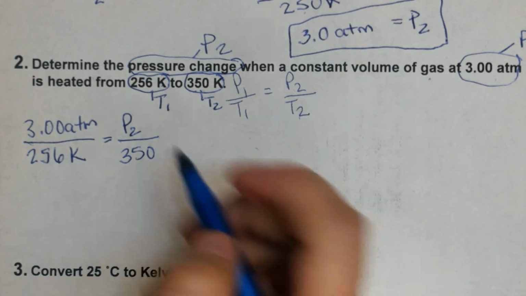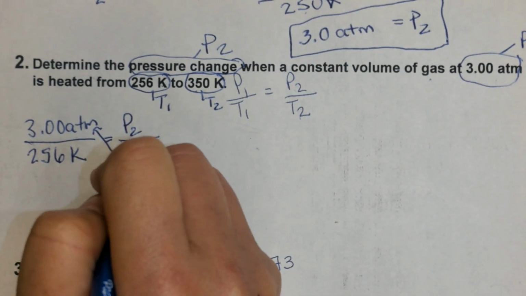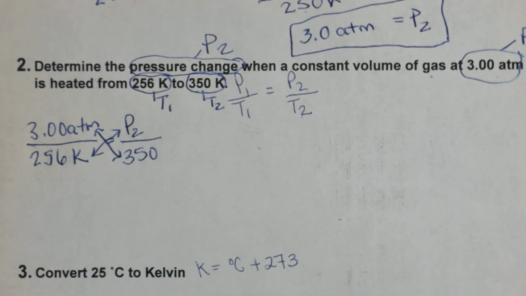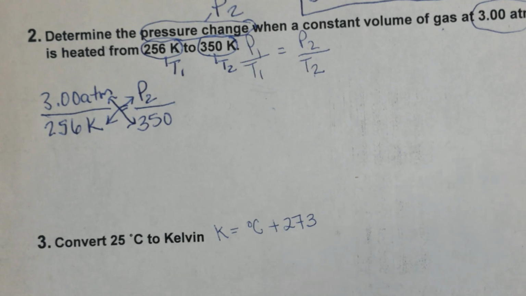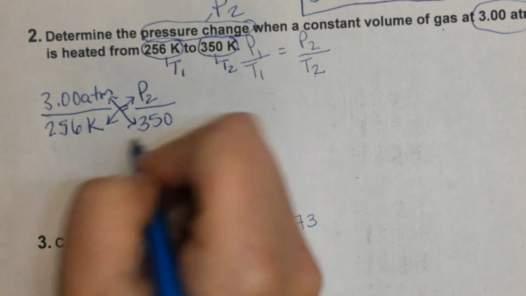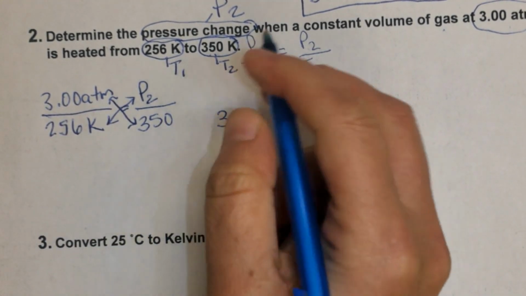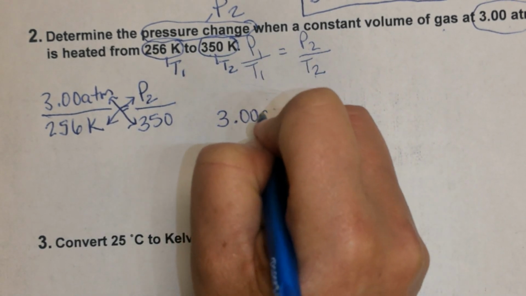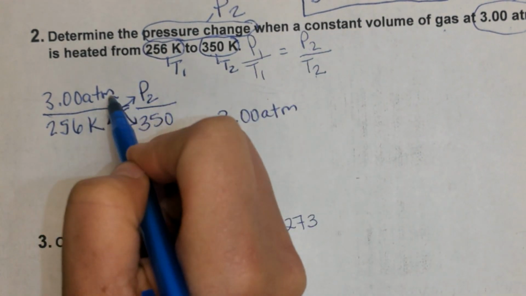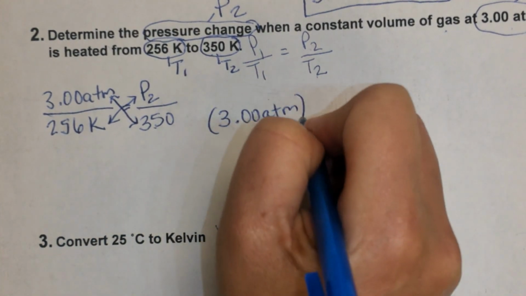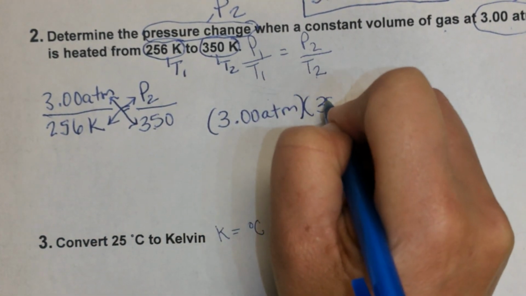And now we're going to go ahead and cross multiply. So we're going to set it up: it will be 3.0 atm, and I'm going to just put it here on the side, 3.0 atm, and then we're going to multiply it with 350 Kelvin.